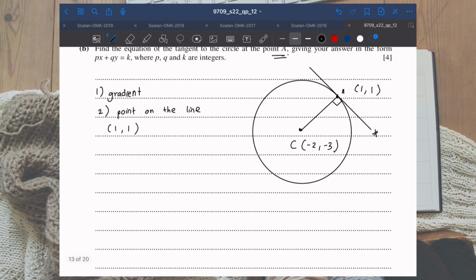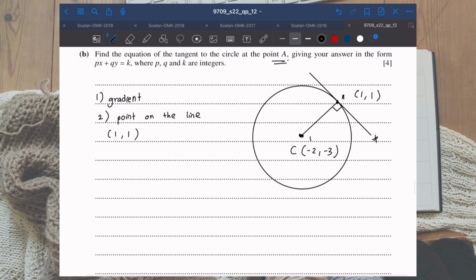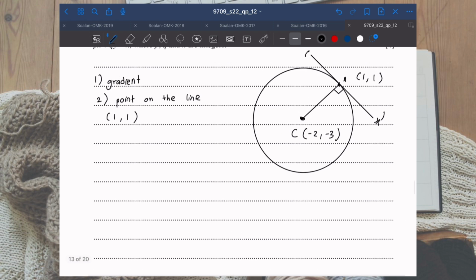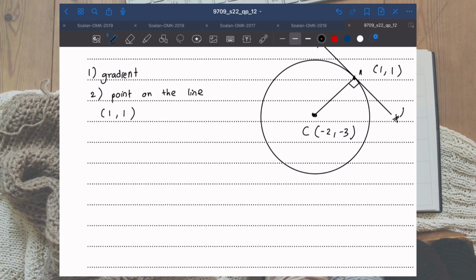To know the gradient of the tangent, we can first do so by finding the gradient between the center, which we'll call C, and A. Because by finding the gradient of the center and A, we can use the perpendicular formula to find the gradient of the tangent at A. Okay, first, we'll find the gradient between CA.